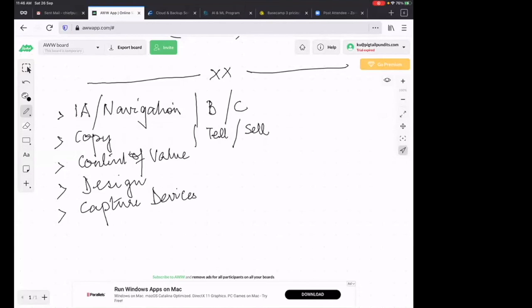Sell is essentially to do with persuasion. Beyond that, you will find social proof. You will find things like why you should buy this brand as opposed to something else. You will find the steps to buying, and you will find something called CTAs.